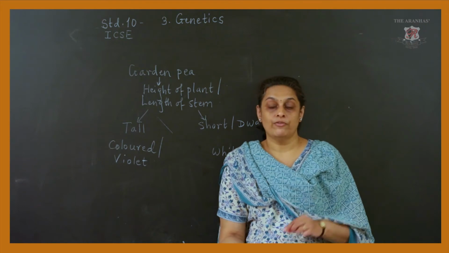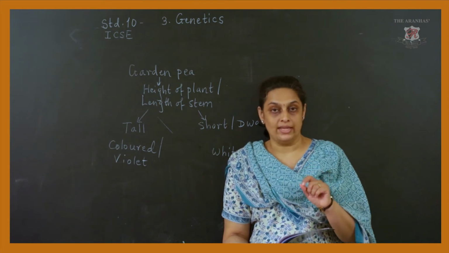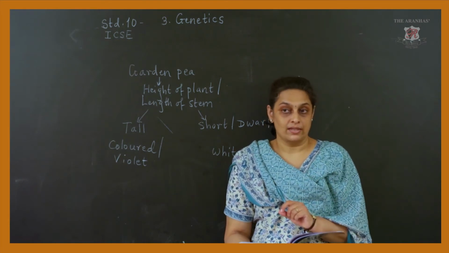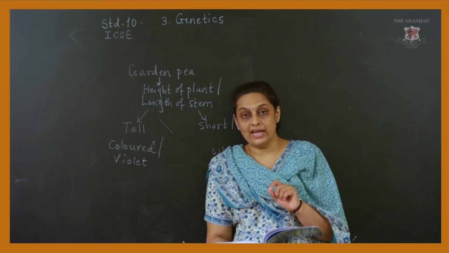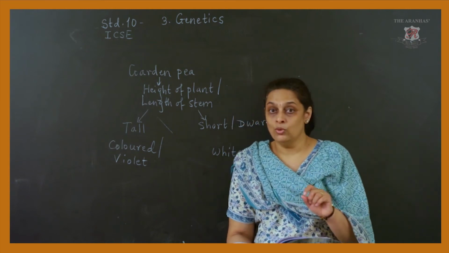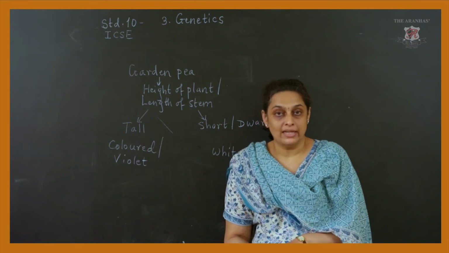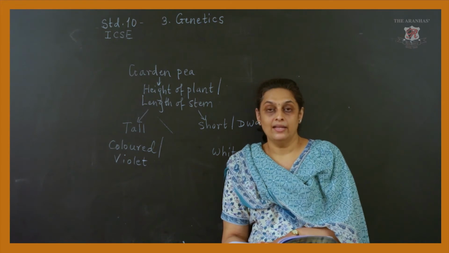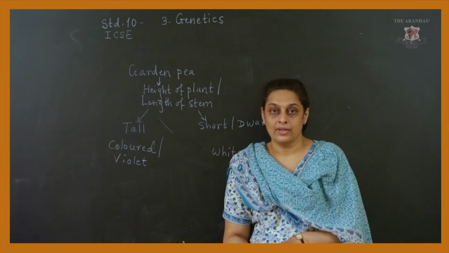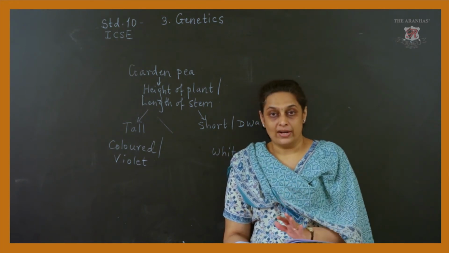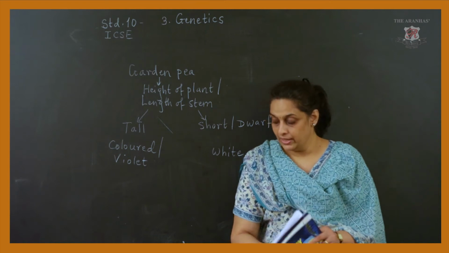So this is how for every character there are two extreme possibilities only, and because of such a situation, with two contrasts and no intermediate possibility, Mendel could formulate his laws very well and he was very successful because of this particular reason. Okay, I think you must have understood all these characters. Now I will move on ahead.